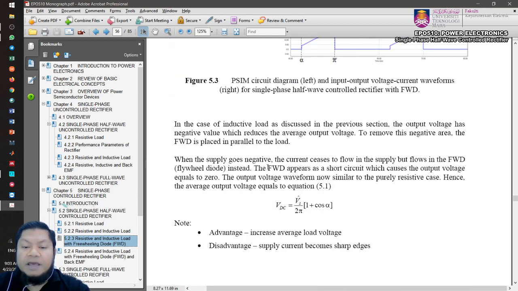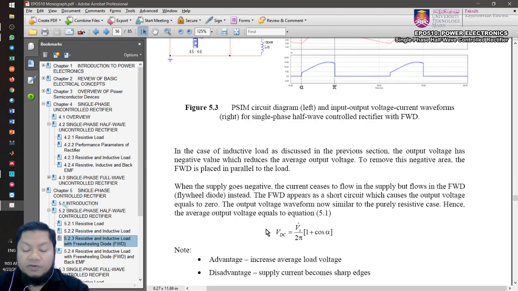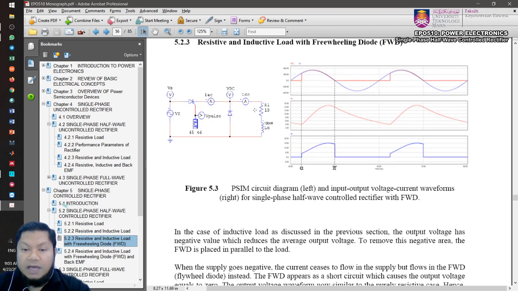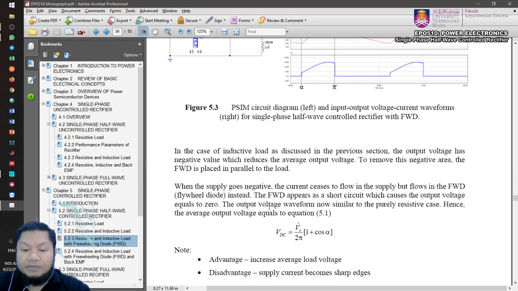Okay, you can read again, and therefore your output voltage now becomes the same as the first equation that we have, V peak over 2 pi times (1 plus cos alpha). There are some notes here. Advantage: increased average load voltage. Even though we have an R plus L load, we still have an output voltage very similar to the R load, which is V peak over 2 pi times (1 plus cos alpha).